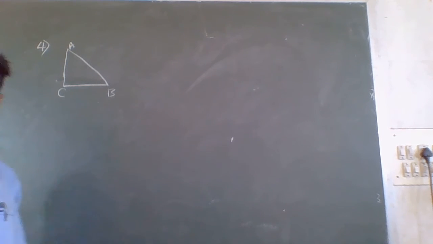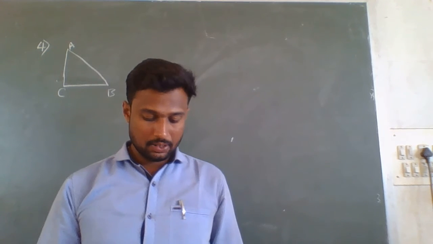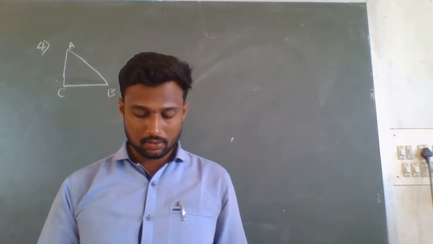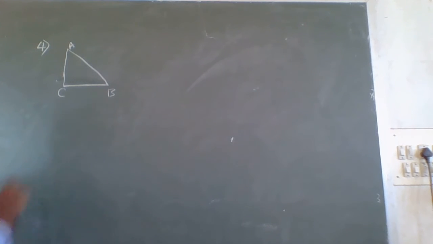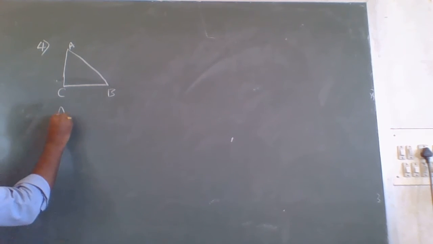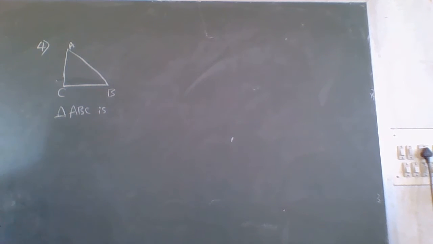So for the fourth problem, what they are given here, ABC is an isosceles triangle right angled at C. So this ABC triangle is isosceles triangle. So here what you can write, triangle ABC is isosceles triangle.